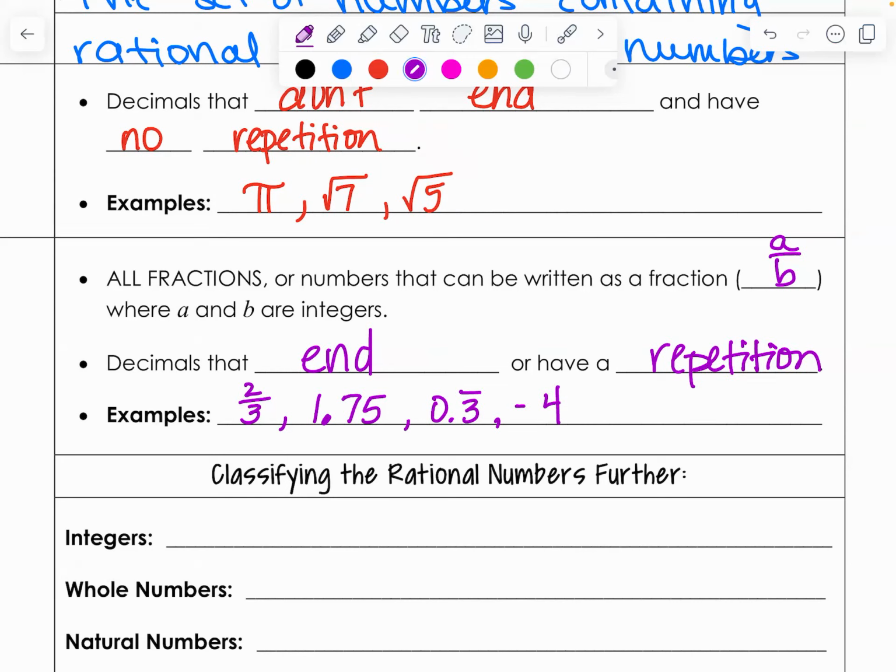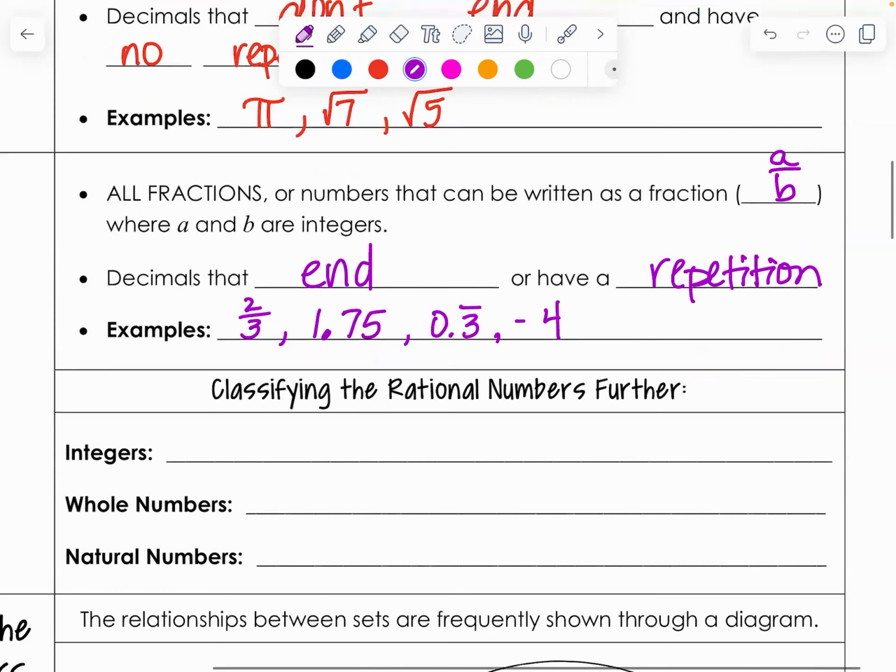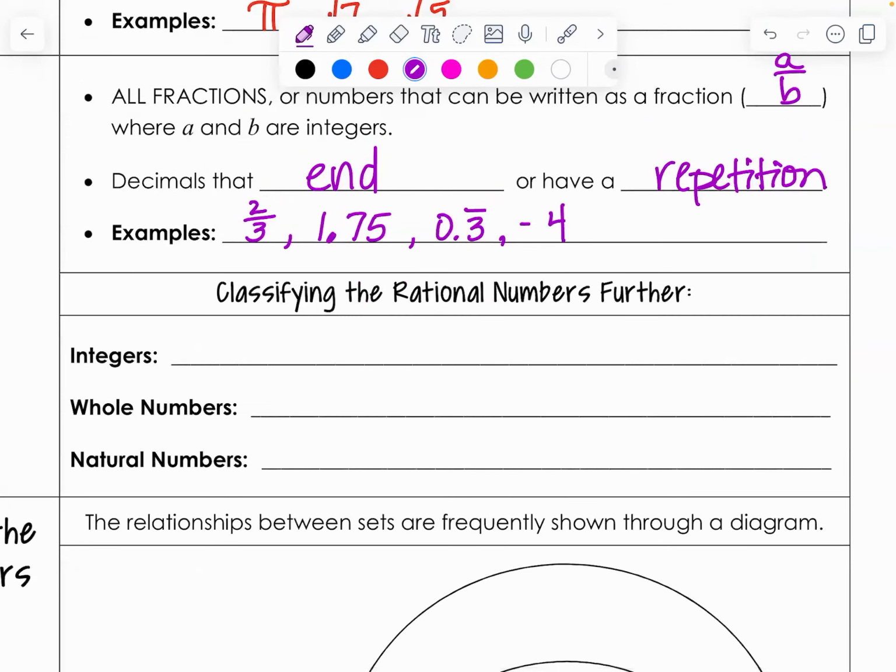What do you mean by normal numbers? Okay, so you're asking about normal numbers, 1, 2, 3, 4, 5, 6, 7, and so on. We're not going to call those normal numbers, we're going to call them natural numbers. Within our realm of rational numbers, we have some subcategories. When you learned to count, where did you start counting?